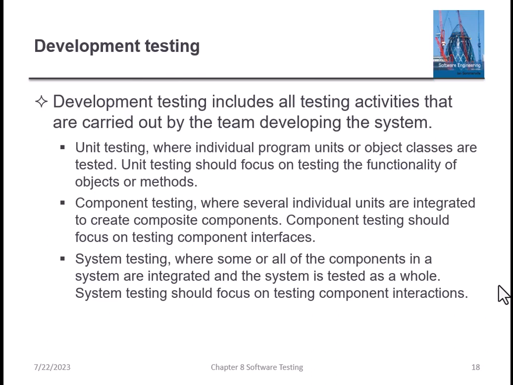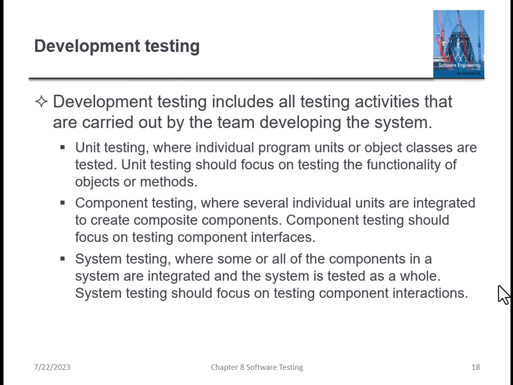So several units are integrated to create a composite component, or big unit. We can say a component is a big unit, or a unit which can be further divided. Component testing should focus on testing the component interfaces. In component testing the focus is more on the interface level, because through the interface we combine different units.